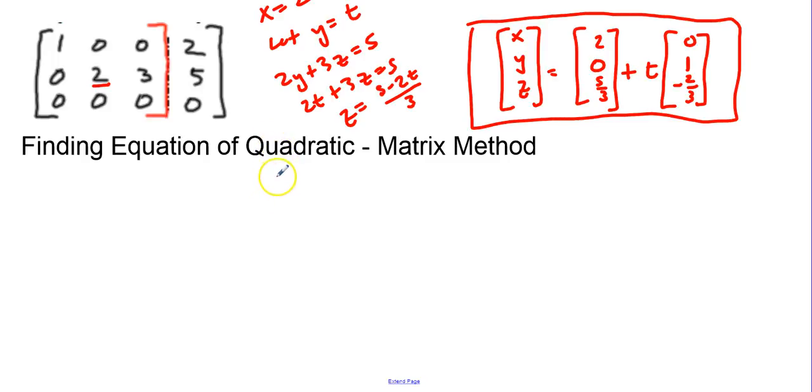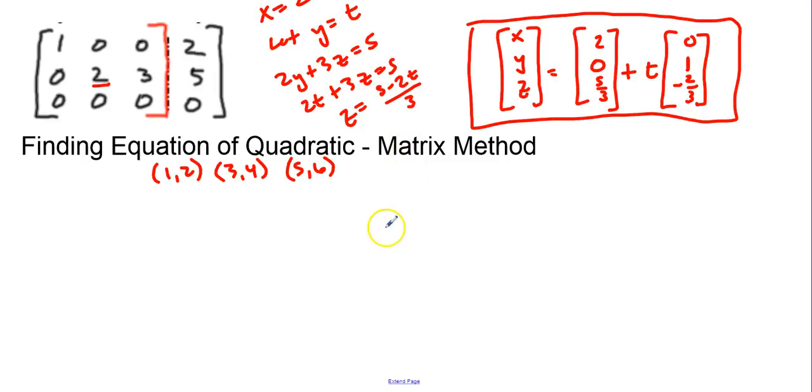All right, finding the equation of a quadratic, the last portion of the matrix stuff that we're going to review. So what we want to do is use the points 1, 2, 3, 4, 5, 6.